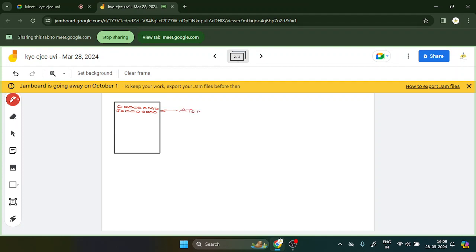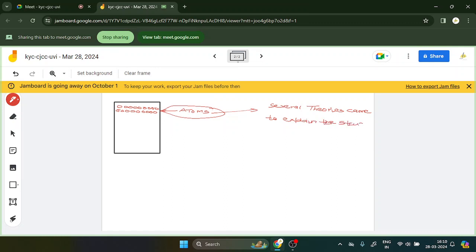Now there were several theories that came from time to time explaining the structure of atom. Clear? Several theories came to explain the structure of atom. Clear?